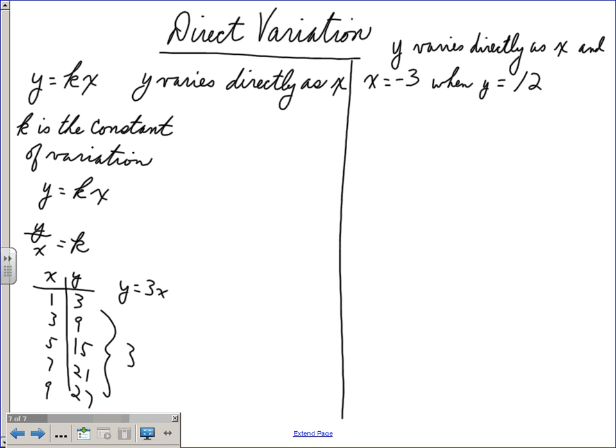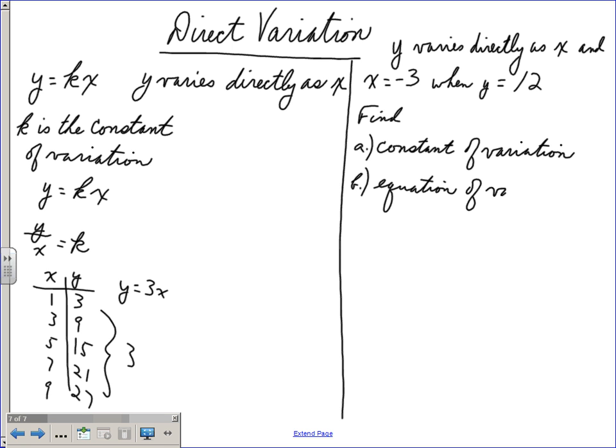Find the constant of variation, find the equation of variation, and find y when x is equal to 17. So we have a three-part question. Okay, it's not very hard.